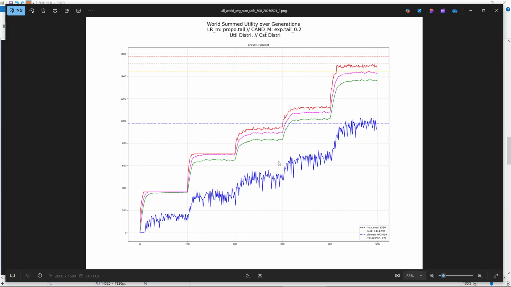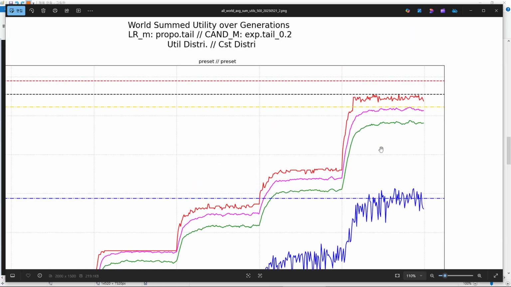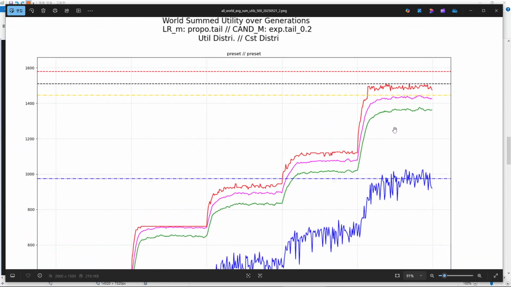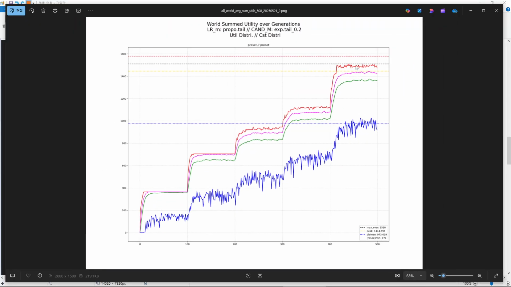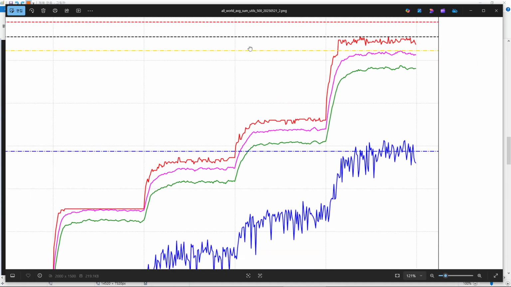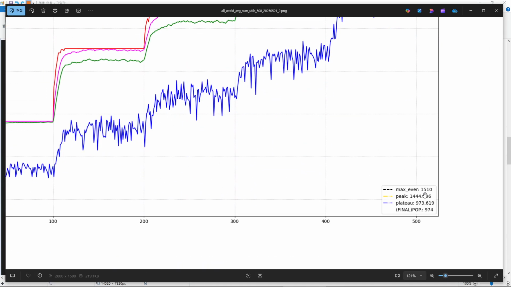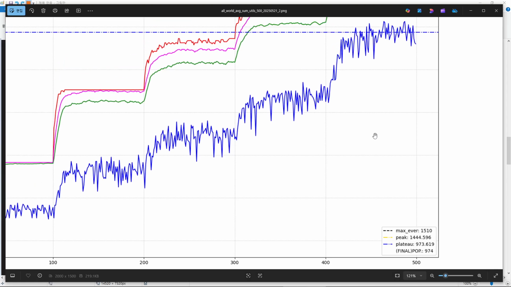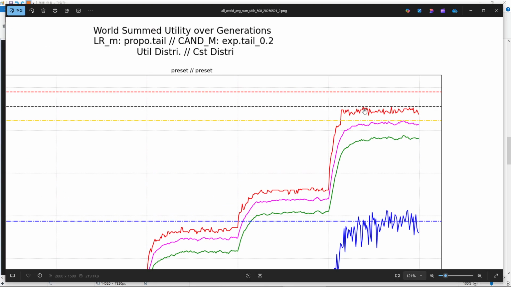So I did another one, and now it's 1510. No entities reached the 1540 mark, and it's not like they were constantly at 1510 all the time.